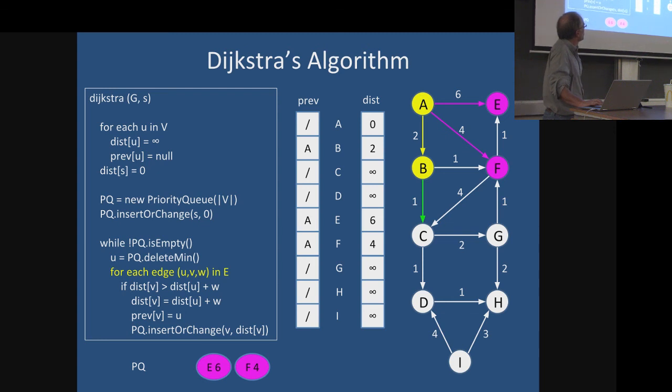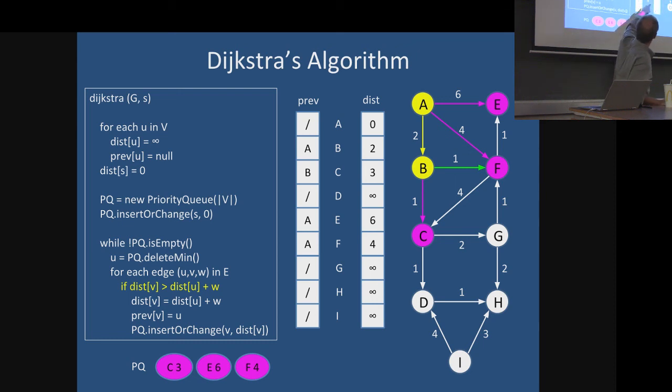Yeah, the one we know right now is infinite, so this is going to be of length 3, and C's parent will be B. Then we consider that edge out of B, and that's an improvement, right? Currently we know a way to get to F of weight 4, but if we go A to B to F, that's weight 3.